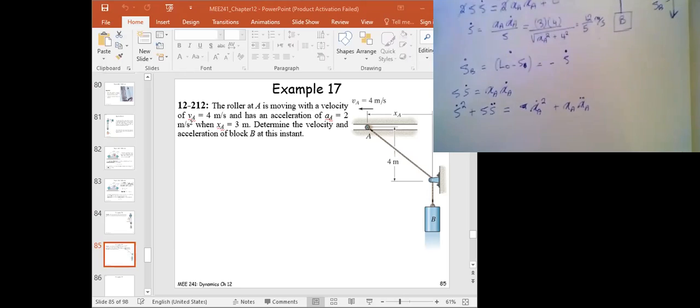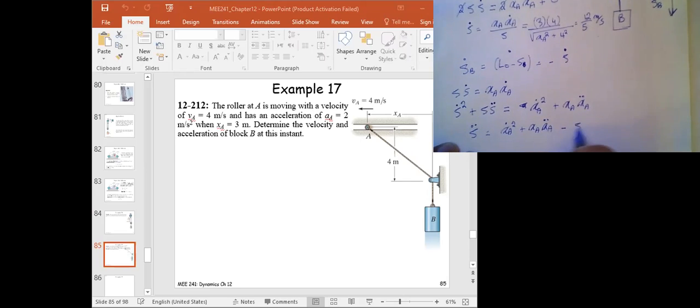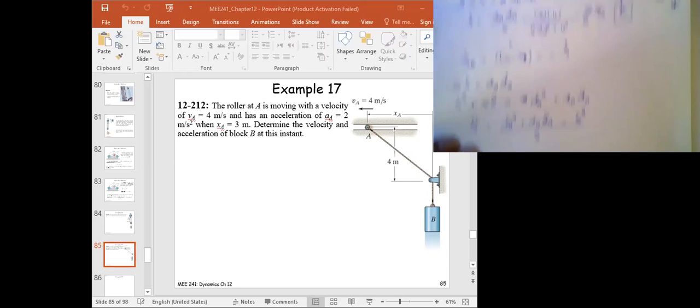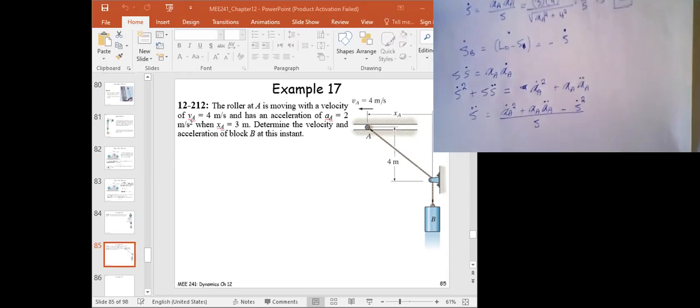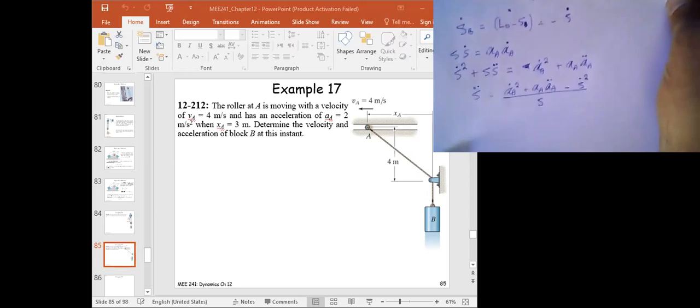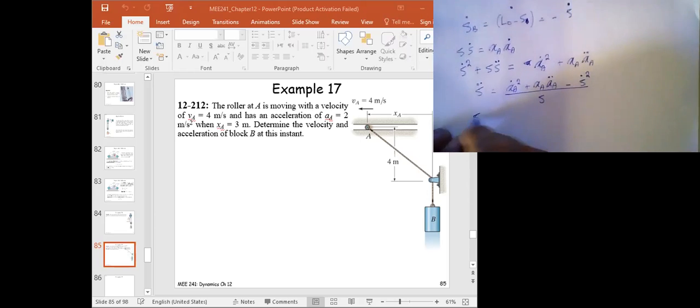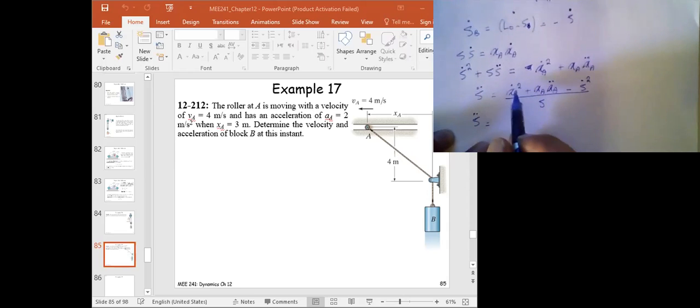So we're trying to find S double dot. S double dot is going to be equal to X prime A squared plus XA XA double dot, minus S prime squared, divided by S. So what is X prime A squared?